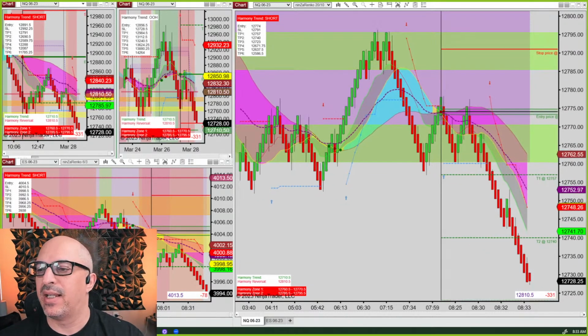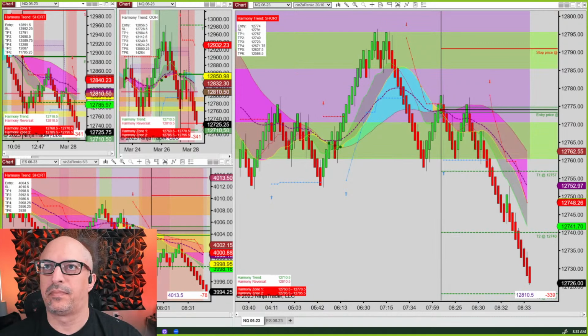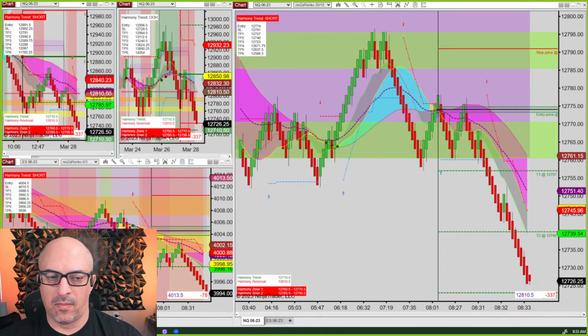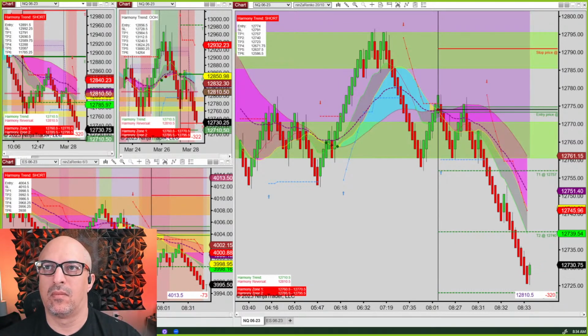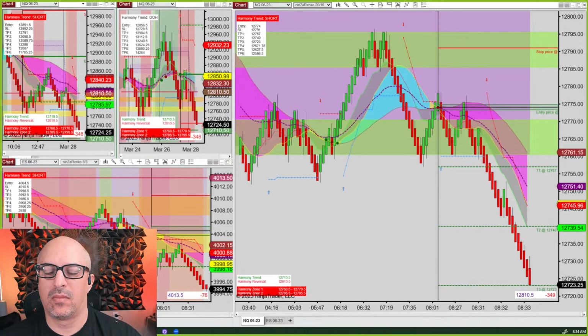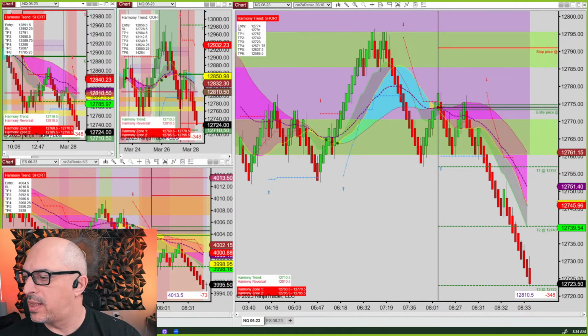Then 711 is another target for us to hit. Target number 3 is hit on the sequence, and 711 is what's next for us right now.